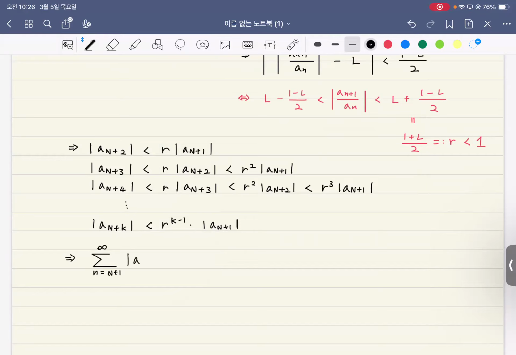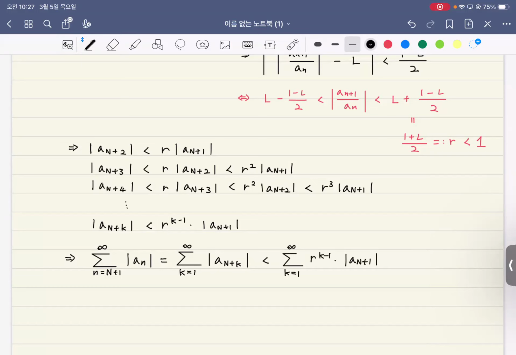I want to discuss this infinite series, where the index begins from N plus 1. Then this can be written, in terms of the new index k from 1 to infinity, as the sum of a_{N+k}, right? And this is a series of non-negative numbers. So due to the comparison theorem, this is known to be less than the sum from k equals 1 to infinity of R to the k minus 1 times a_{N+1}.